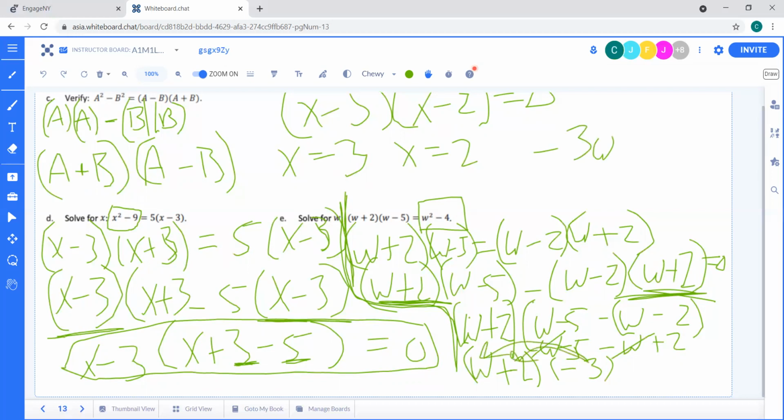That's negative 3w is equal to 6. Divide by negative 3, divide by negative 3. w equals a negative 2. And that would be your only answer. That's the only one that's going to work, I believe, if I did that correctly.